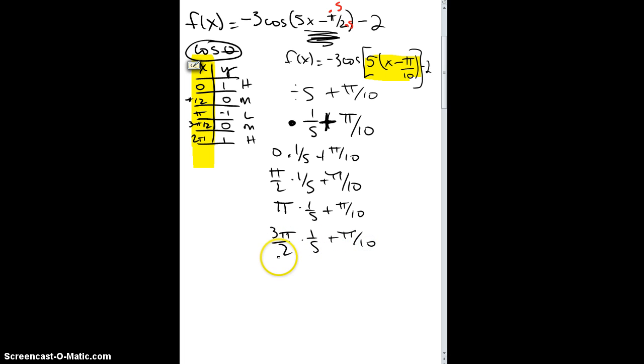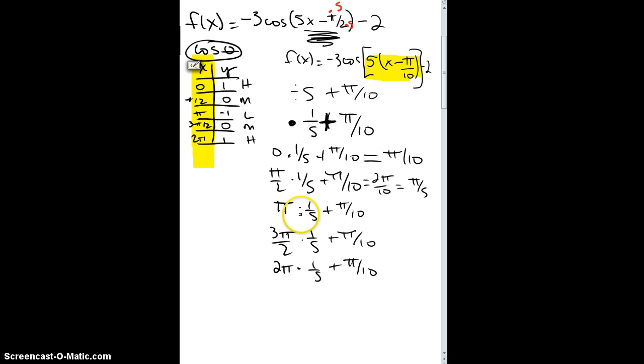And then I'm going to take 2 pi times a fifth plus pi over 10. Now again, remember the x value is more work than the y, which is good news. This is 0, so I get pi over 10. This is pi over 10 plus pi over 10, so I get 2 pi over 10, which reduces to pi over 5.